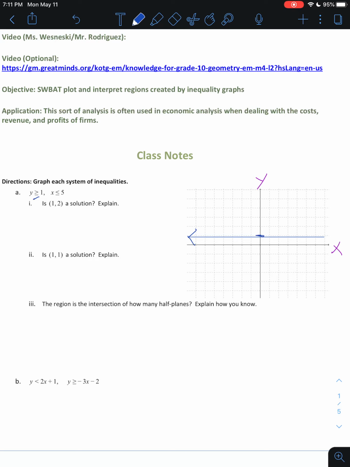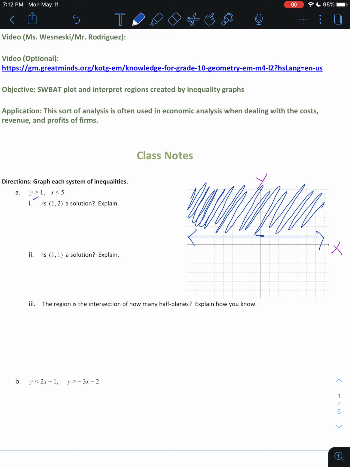But again, since this is an inequality graph, if we're looking for all of the points where y is greater than 1, then it's going to be all the points up here, right? So it's all the points above that line. If it was y is less than 1, then the points would be down here on the bottom, right?